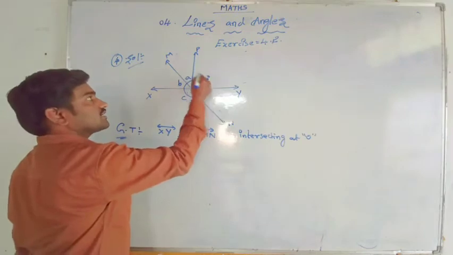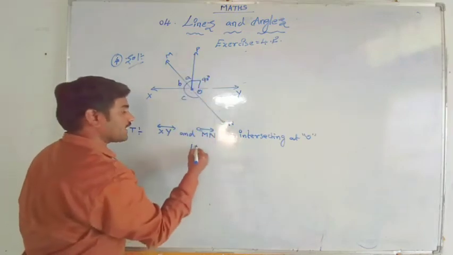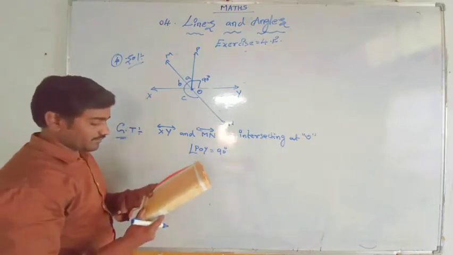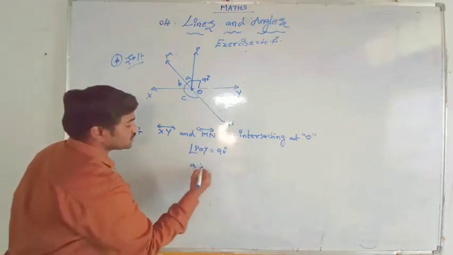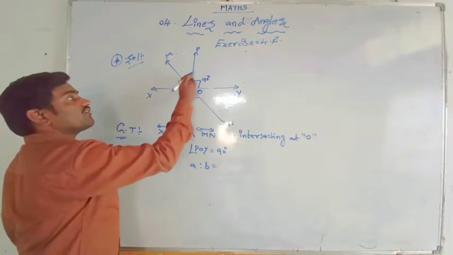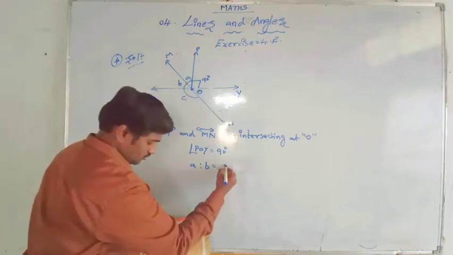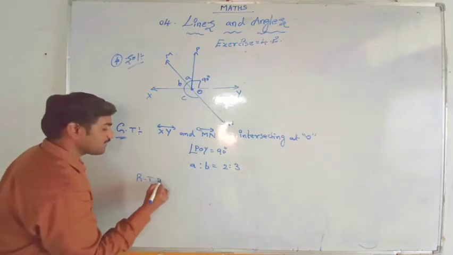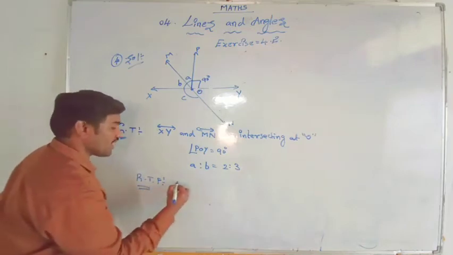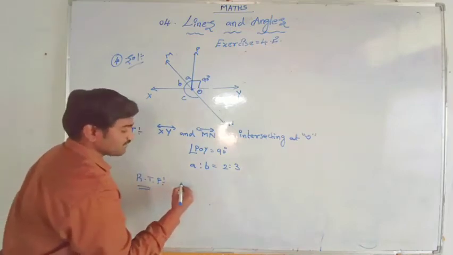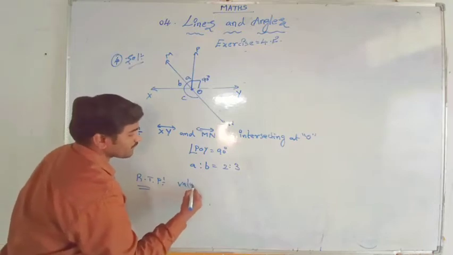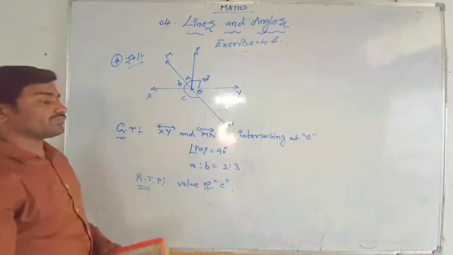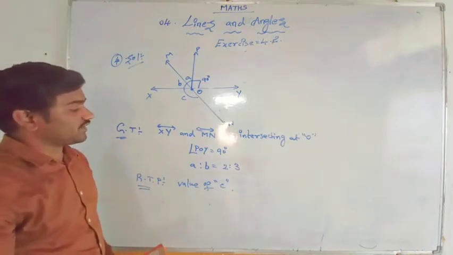And the ratio of angle A and angle B is 2:3. Then RTP, we are required to find the value of C. Simple, the value of C we need to find.